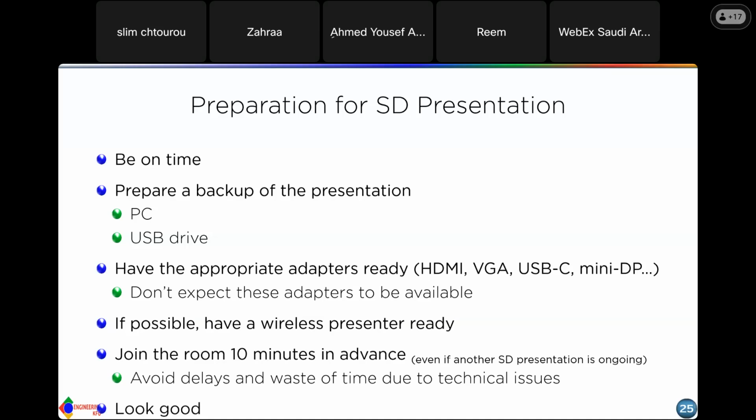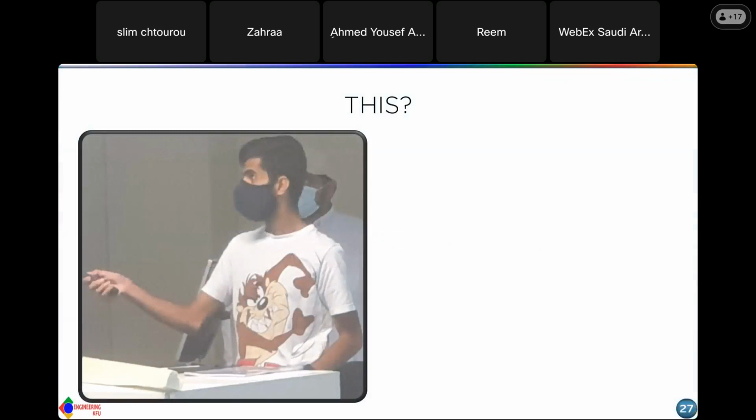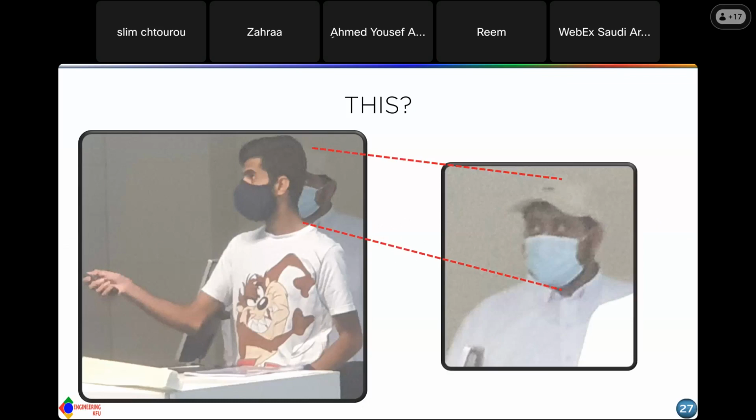And most importantly, you have to be presentable professionally. So it's not looking good. Imagine going to an interview wearing this tie, or even dressed like this. That's not the appropriate dress code. This is a presentation, but it's a formal, professional one.